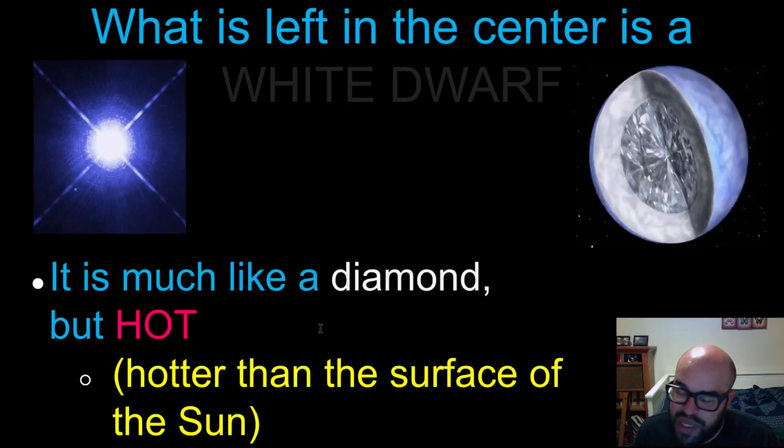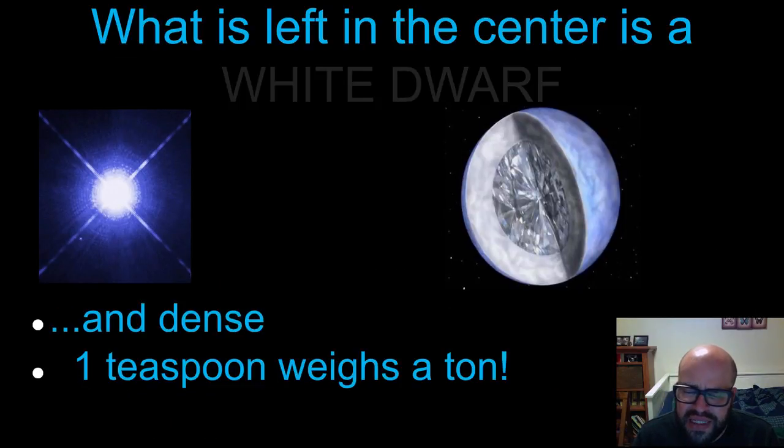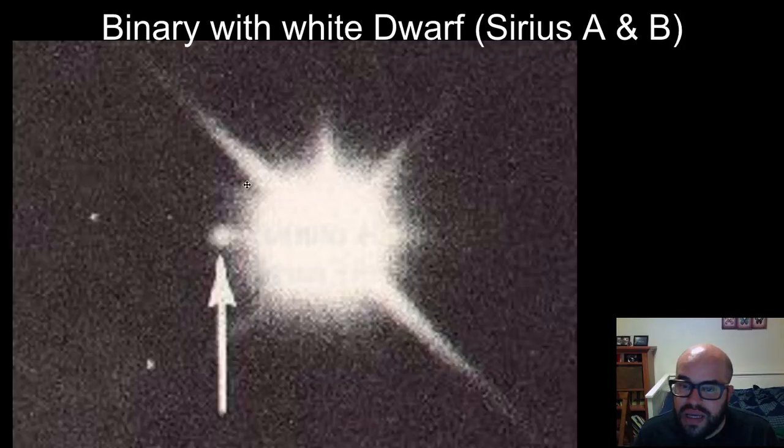It is basically a really, really hot diamond, hotter than the surface of the sun, because it's pure carbon. And it's dense. If you took one teaspoon of it, it would weigh a ton. And here goes a picture of a binary system with a white dwarf here and a main sequence star here. This is Sirius A and B.